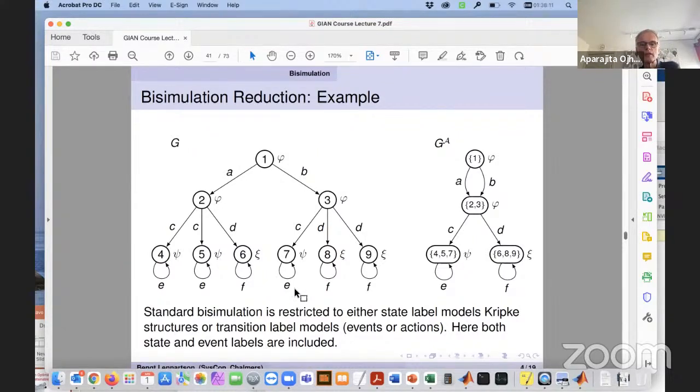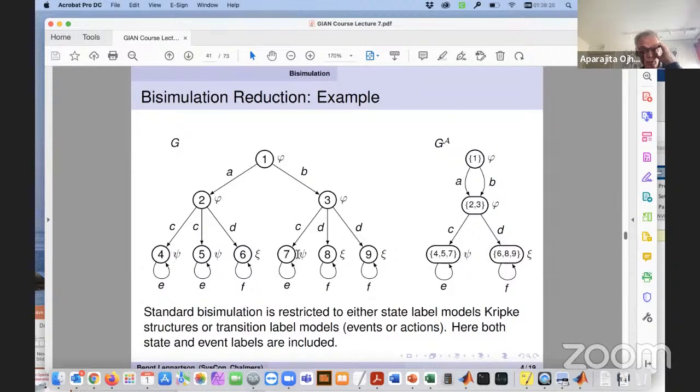but we can see here that state 4 and 5, they have the same future behavior because it's a self loop with an E to itself, and they have the same state label psi.